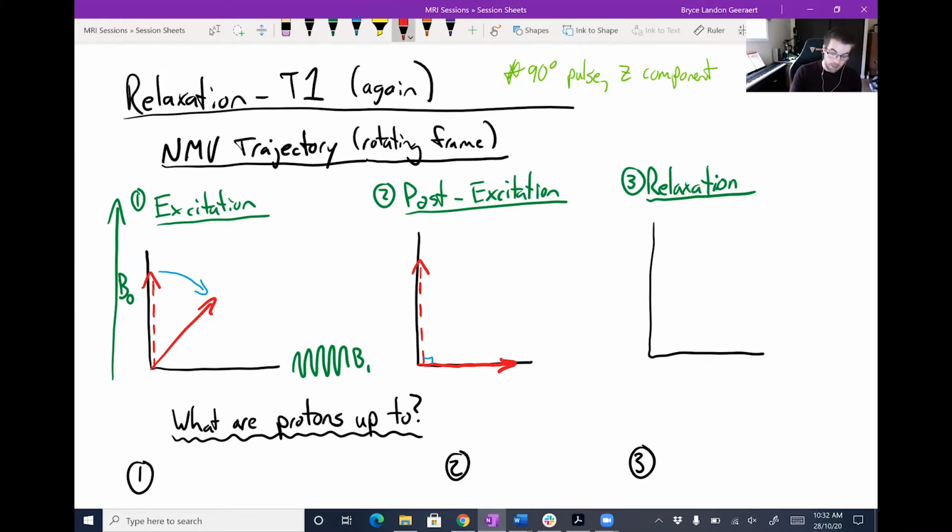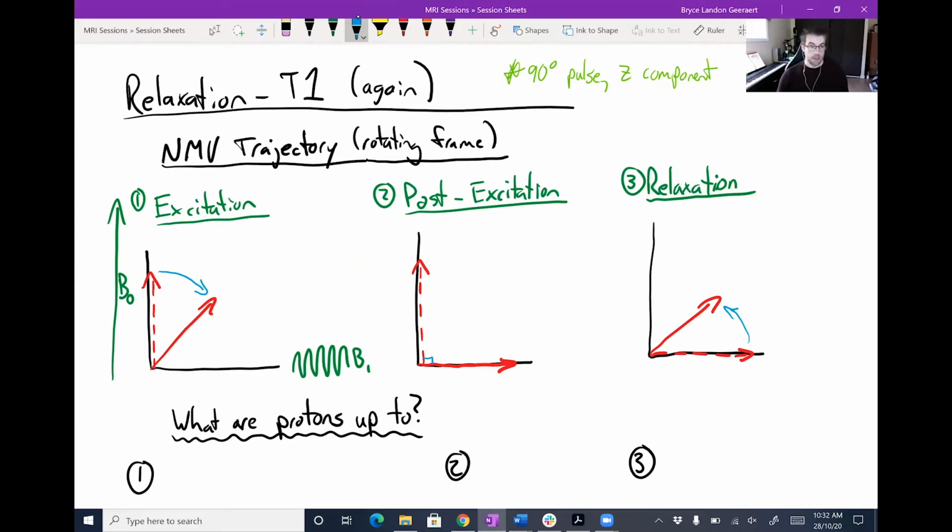And then in relaxation, which is the NMV returning to its equilibrium state, we have the reference state where the NMV was in the transverse plane, and now it's tipping back upwards, right? It's going back to that B0 orientation, that alignment with the B0 field.